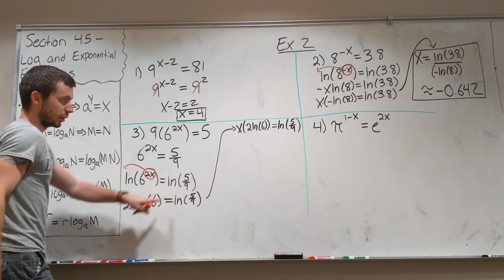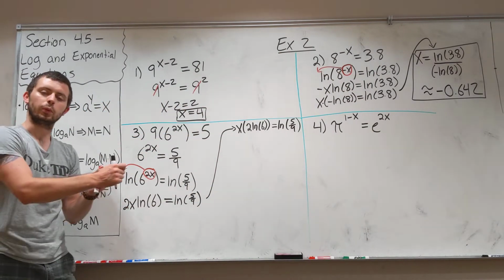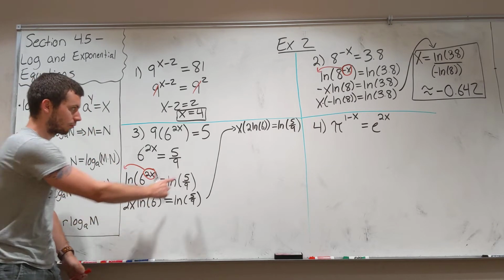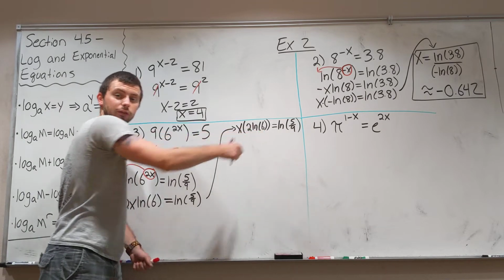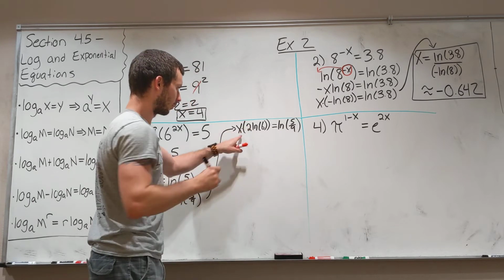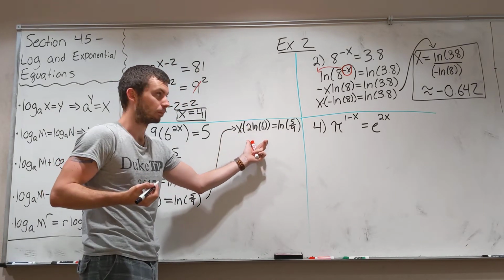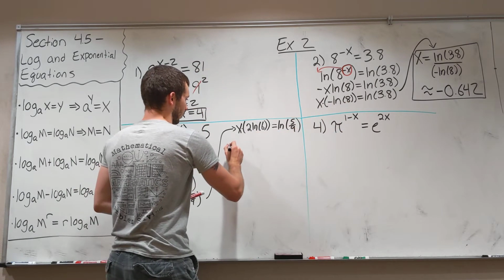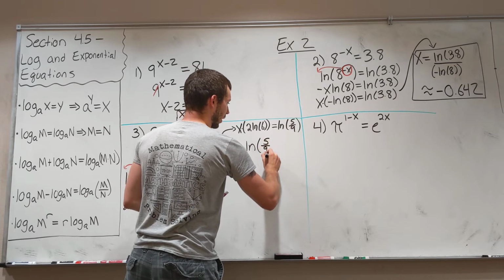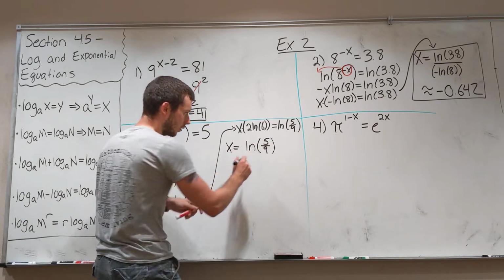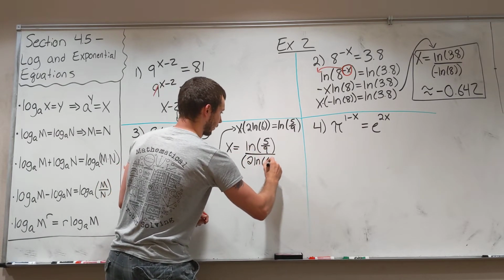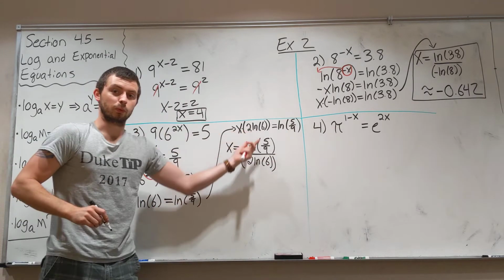So all I did between here and here, I just rearranged how the product looks. Instead of 2 times x times ln of 6, it's x times 2 times ln of 6. And I only do that so I can emphasize this product, and we know what to divide, as we did over here. So now, this is ln of 5 divided by 9 in this natural log, divided by parentheses 2 ln of 6. And I'm keeping the parentheses.